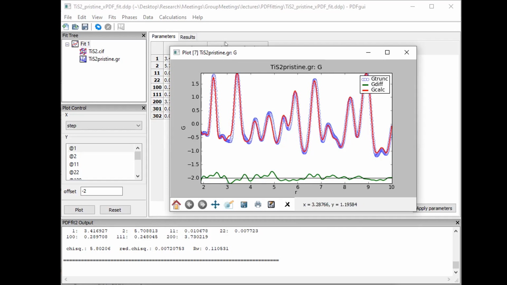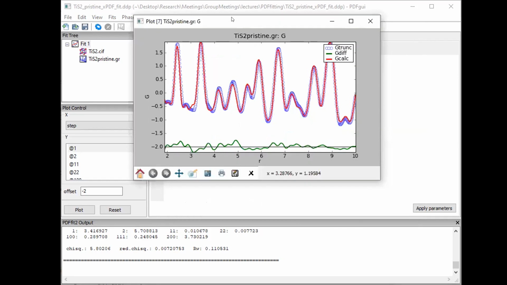So this is saying that the titanium sulfide does not really have any local structural complexity. It is just what it is. Anywhere you look, whether it's in the 10 Angstrom range or in the 30 Angstrom range, it's the same.